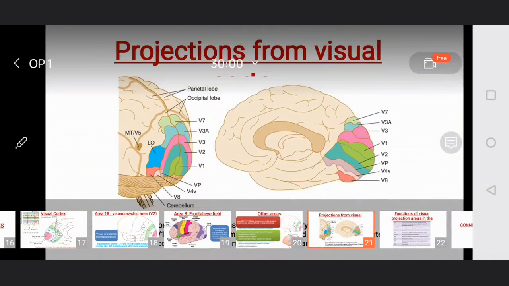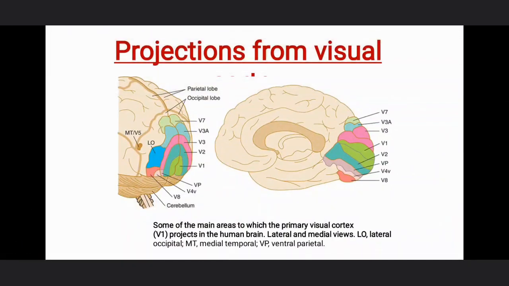Okay. Some of the projections from visual cortex to other areas, they are lateral and medial views, lateral occipital and medial temporal and ventral parietal areas.